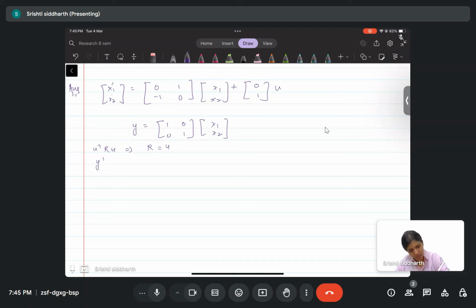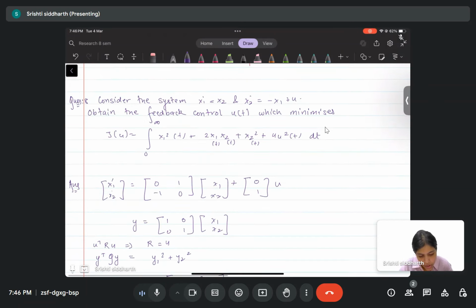And similarly, we have y transpose Q y, with y1 squared plus y2 squared. Therefore, Q should look something like a 2 by 2 matrix with entries q1, q2, q3, q4, because we have x1 squared plus x2 squared.